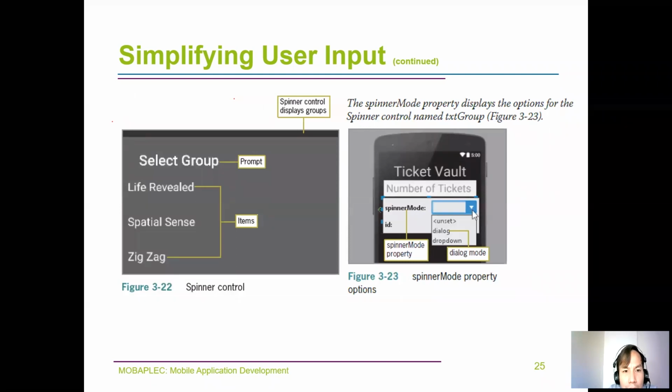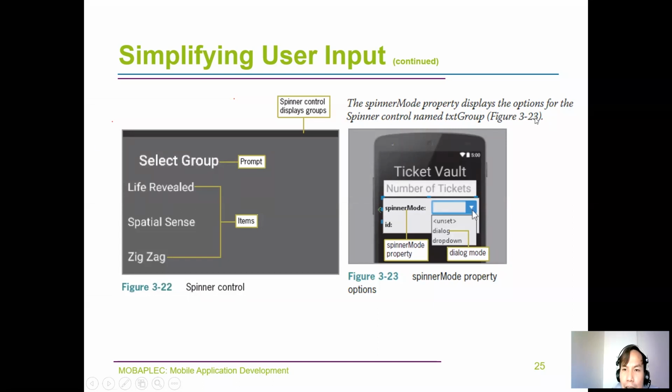So moving forward, the samples. This is the prompt, the select group, and this one is the items. So we have 3 items. Automatically this displays the group. When you say display group, automatically they use a spinner control. That's actually stated in figure 3-22.